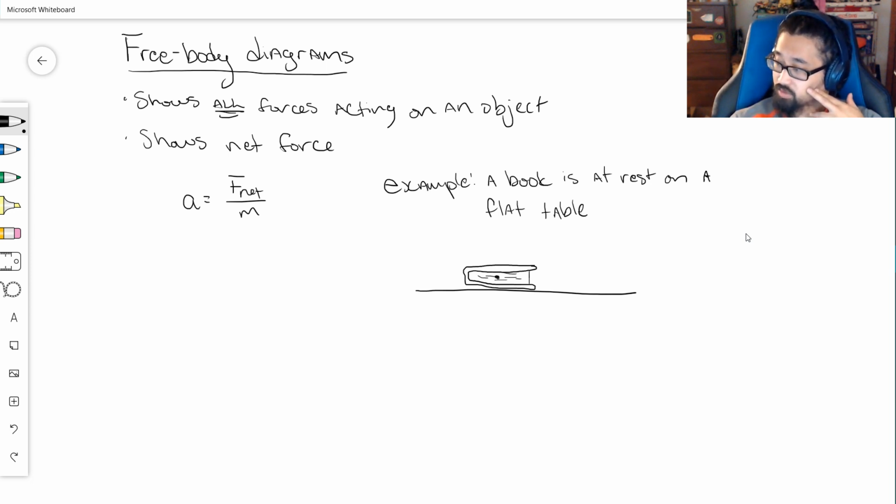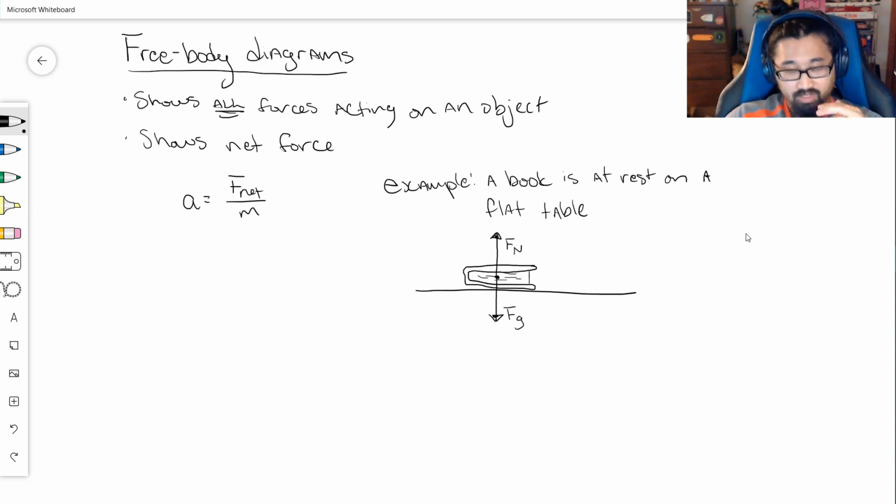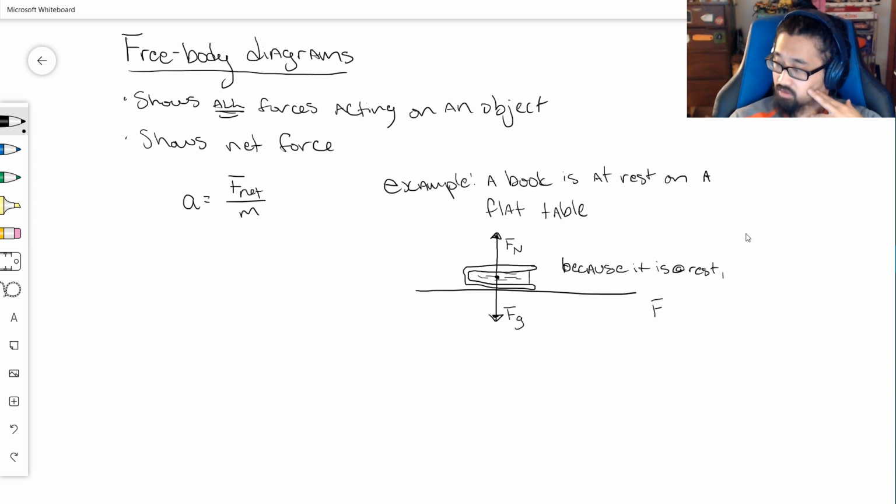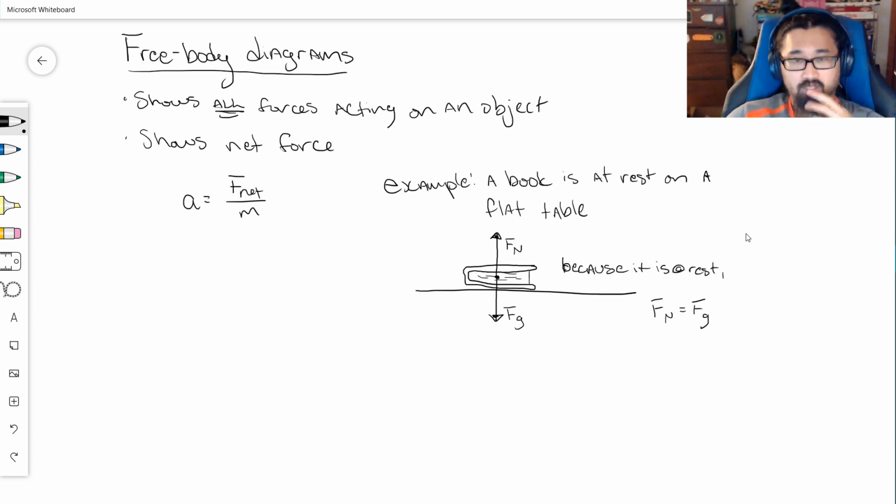The easy one that you can pretty much always label is the force of gravity. And because it's resting on a surface, there will also be a normal force. There are no horizontal forces acting on it because it's just at rest on the table. Because it is at rest, the normal force equals the force of gravity. They should be equal to each other.